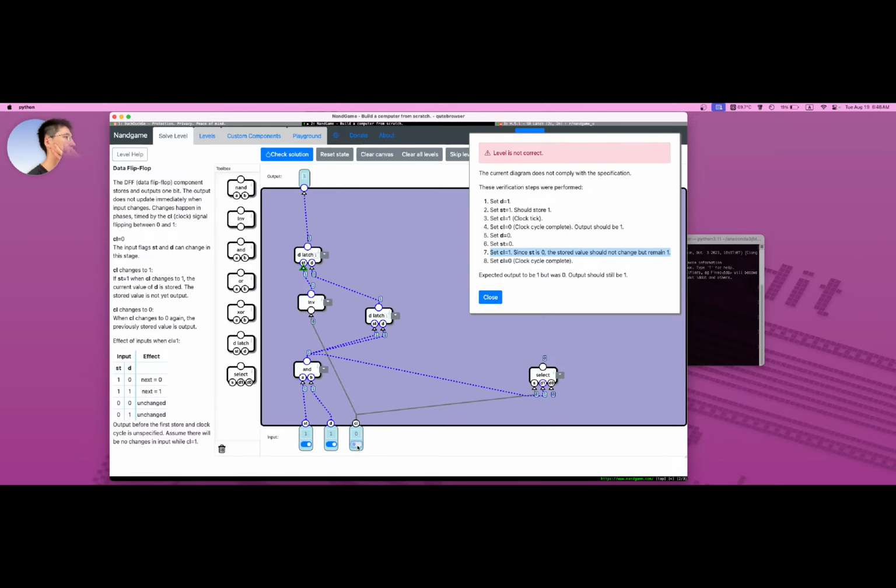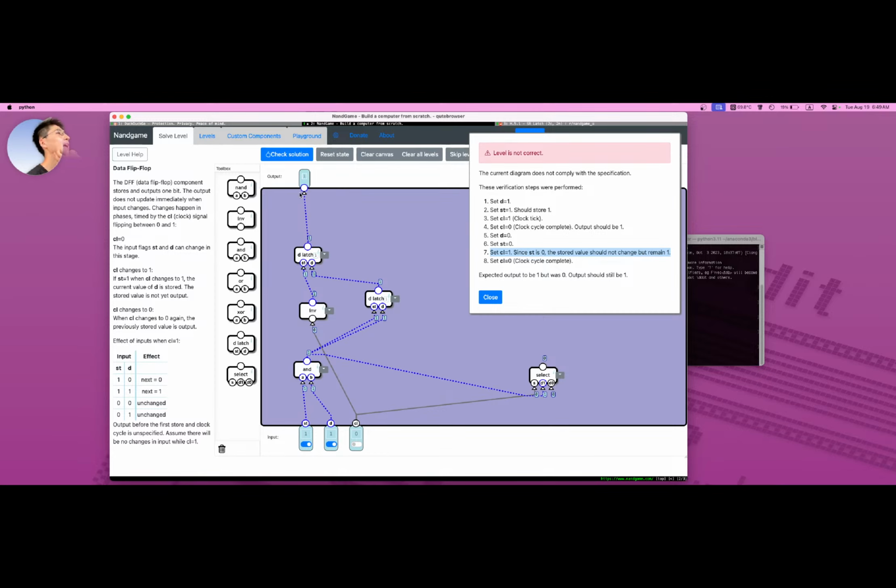SD is 1. Clock is 1. No, we made a mistake. Look. 1, 1. And it starts to work.